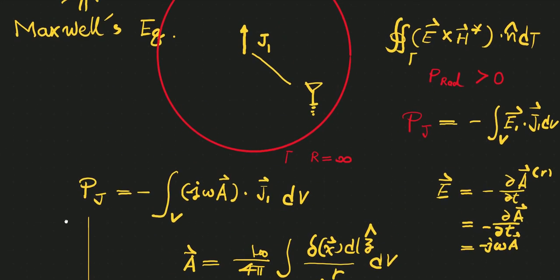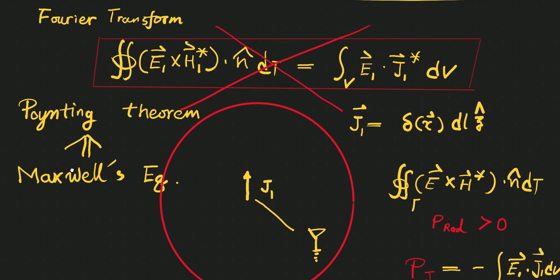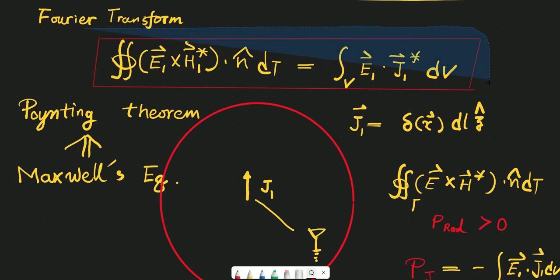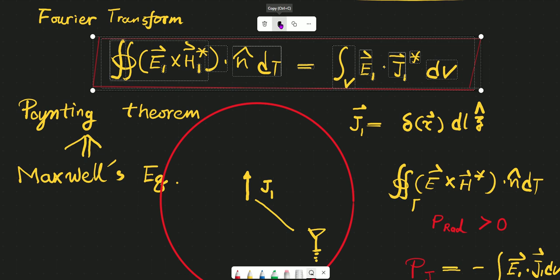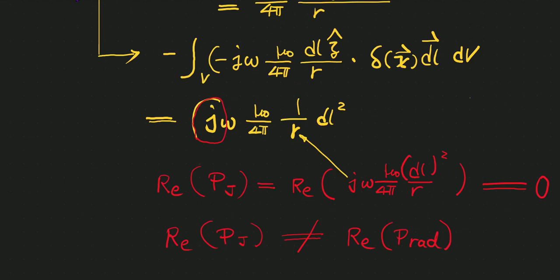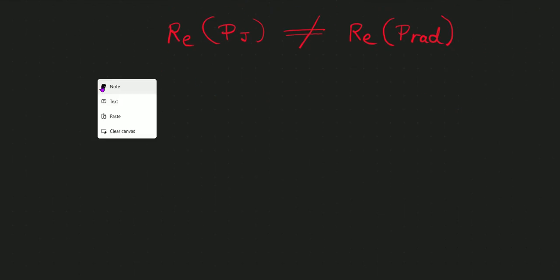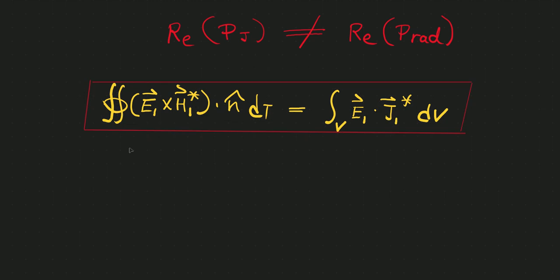Now, we should give you a corrected Poynting theory. We perhaps copy this. Copy that. We paste here. This is our Poynting theory.